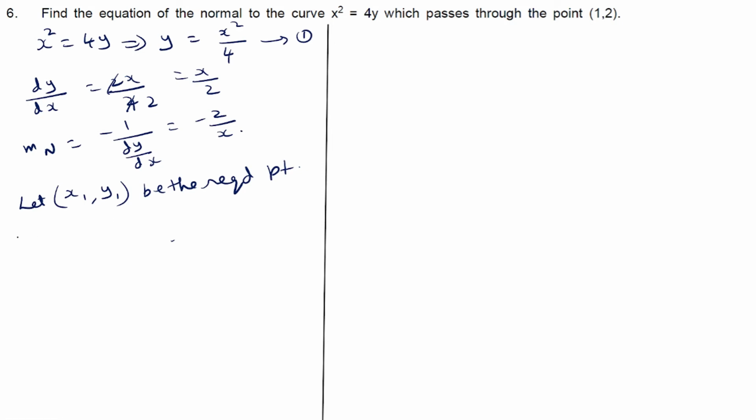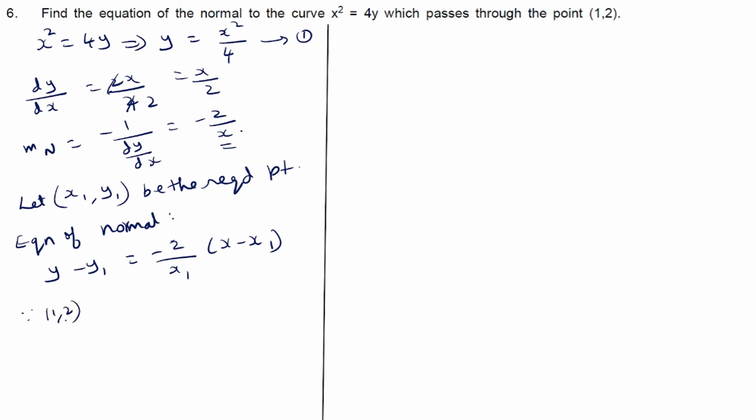So from this we have equation of normal is y minus y1 equal to, this is the slope, so minus 2 by x1 into x minus x1. So this will be the equation of the normal. But here it is given the normal passes through the point 1, 2. Let us mark this as 2.